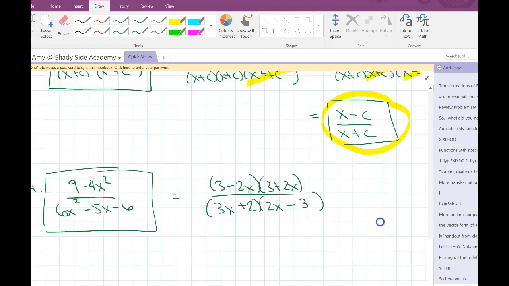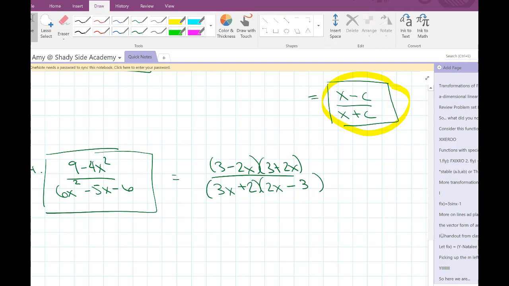Number 4, the casual observer would factor right here. And they say, oh no, there are no common factors to factor out. And you are correct, there are none. However, do you see that if the sign of the 2x were negative, in other words, if this were negative 2x plus 3, then I would have a common factor here and here, right? But guess what?